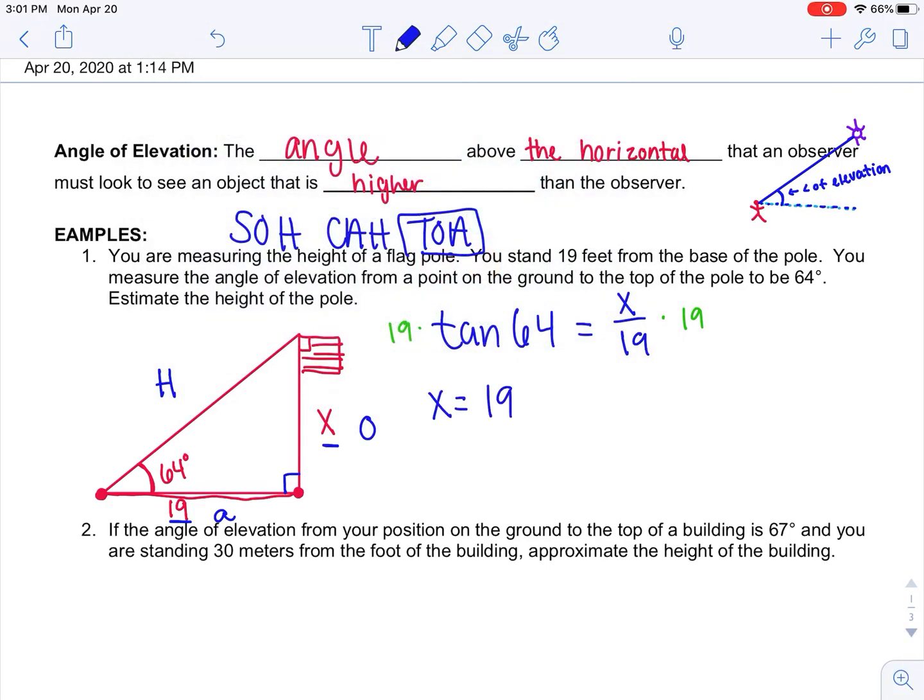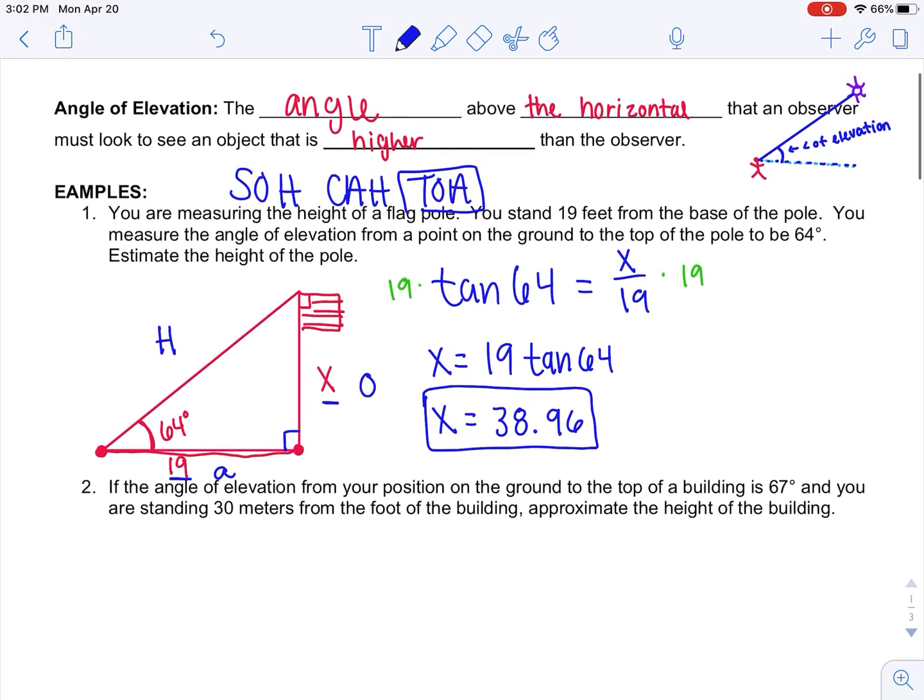So x is equal to 19 times tan 64. That's what you're going to put in your calculator. Remember, your calculator has to be in degree mode. If your calculator is not in degree mode, it will not give you the correct answer. So when you put 19 times tan 64 in your calculator, it should give you 38.96. So this flagpole is 38.96 feet high.